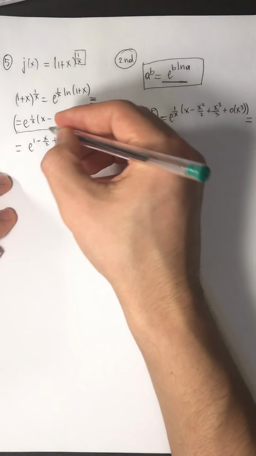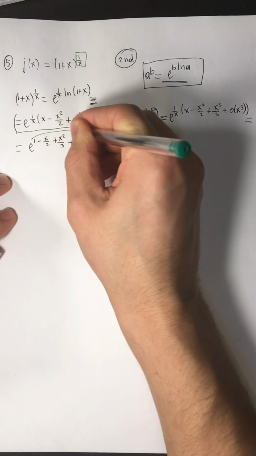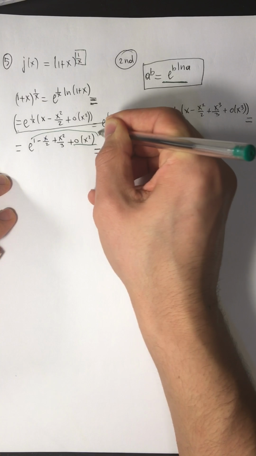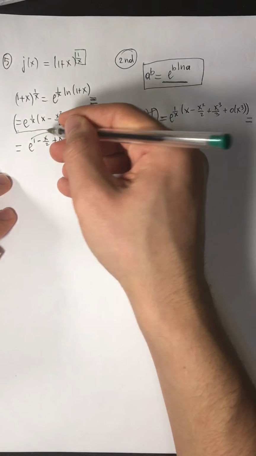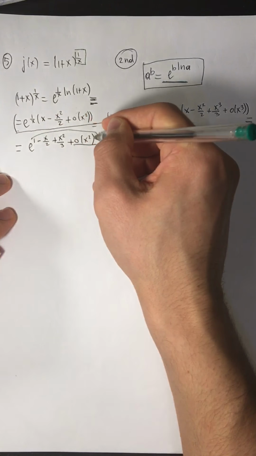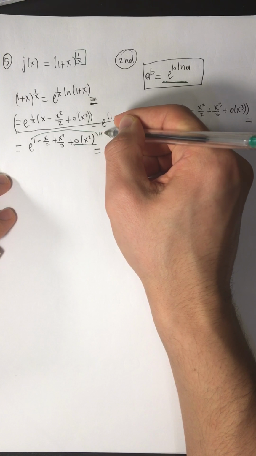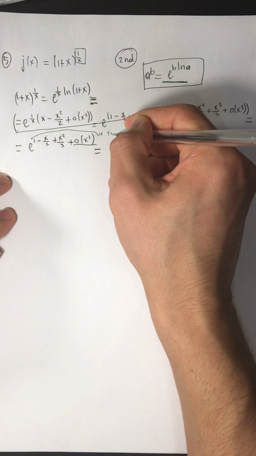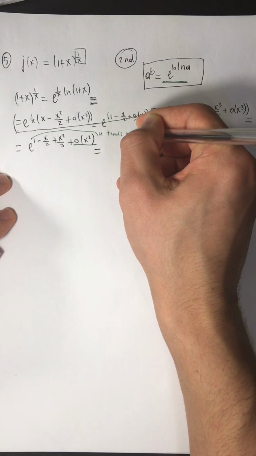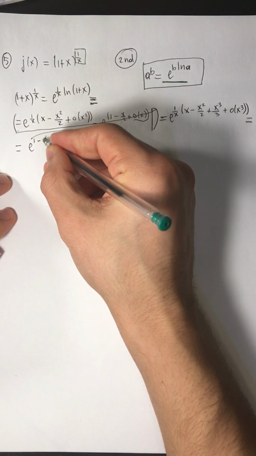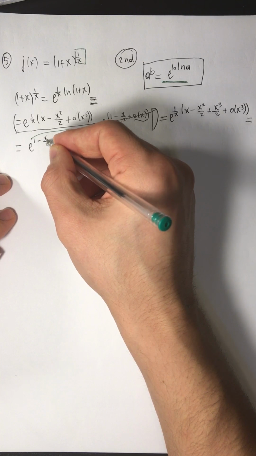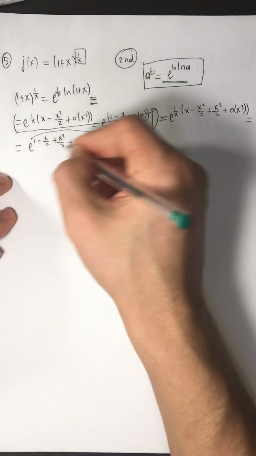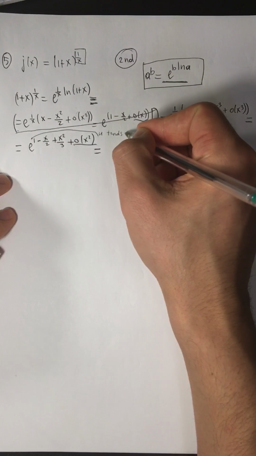If we say this one is u, because we have the formula e to the u, e to the x, we can say this is u. If we say this is u, u tends to 1 in this case, because you have 1 here, because x approaches 0, its limit goes to 0 and it's going to be 1. That's why it tends to 1.